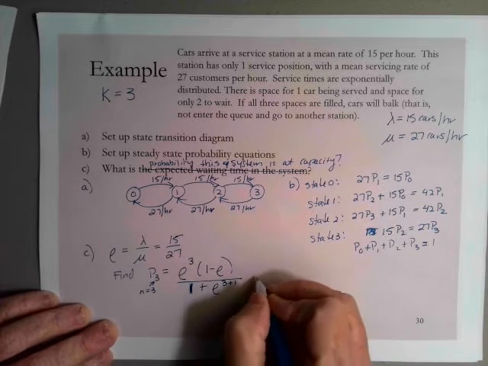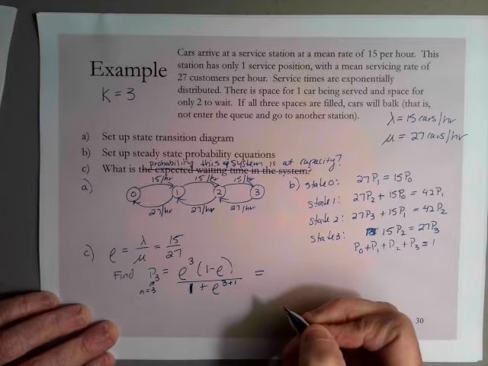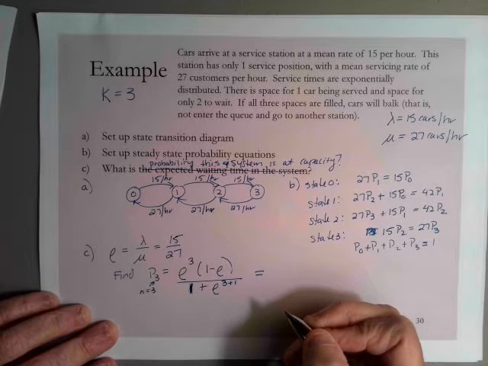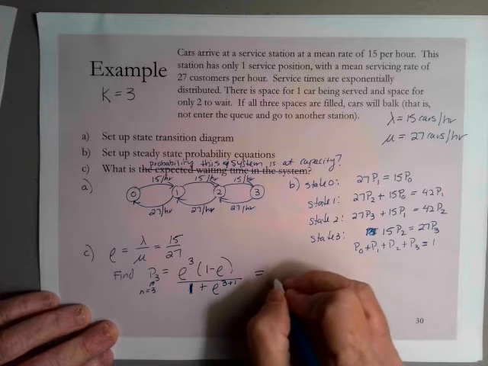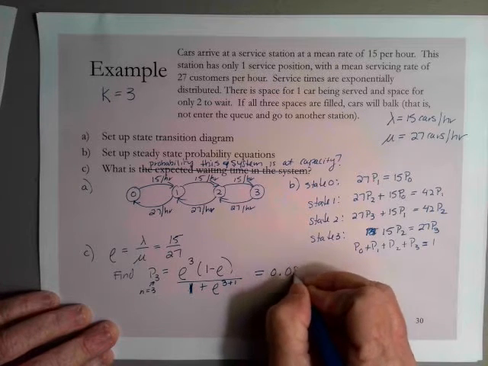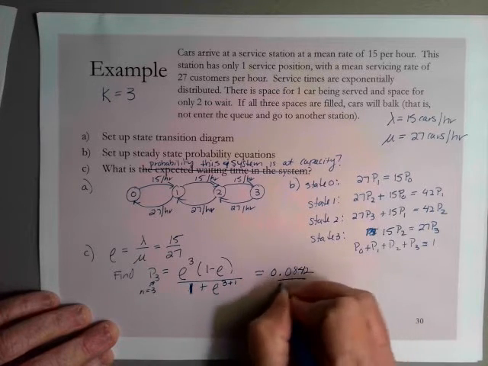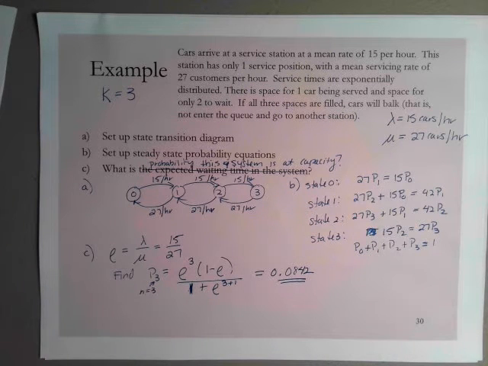And when you plug all of this in, let's see if I plugged that in correctly. I believe that I did. You should get 0.0842. So the probability that if I go by this gas station and I just can't get gas there, it's too busy, or it's completely at capacity, it's about an 8% chance that would happen.